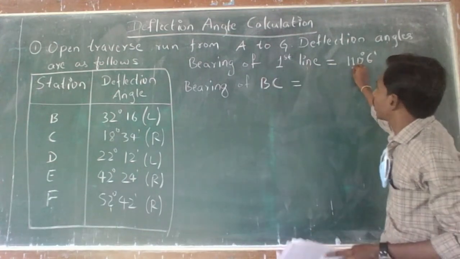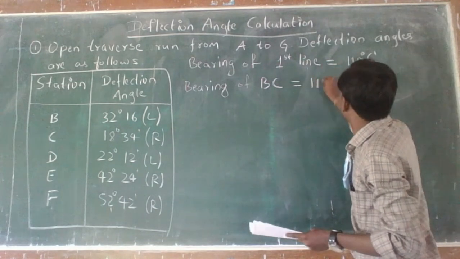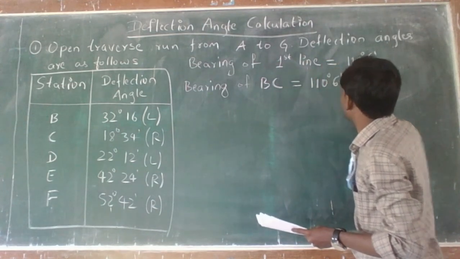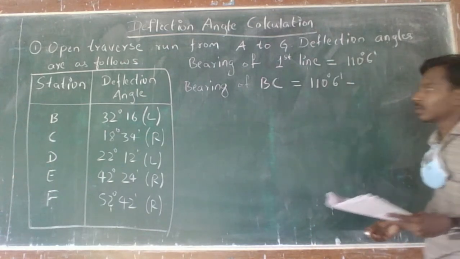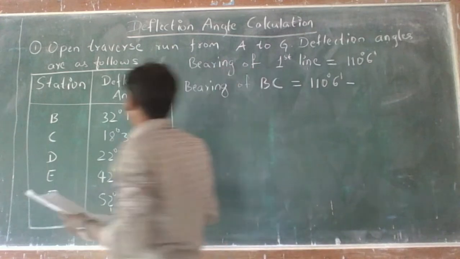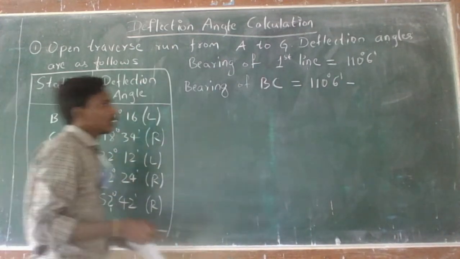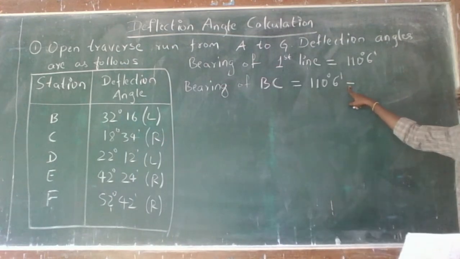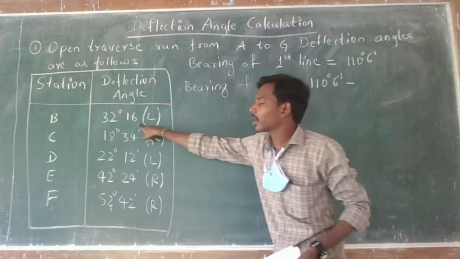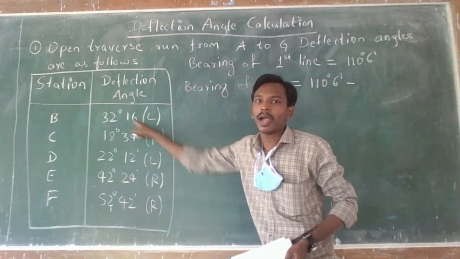the given bearing, the bearing of first line, which is 110 degrees 6 minutes, minus the deflection angle of station B, 32 degrees 16 minutes left side. Here we have taken the sign minus because the deflection angle is towards left side, or the deflection angle is anti-clockwise.